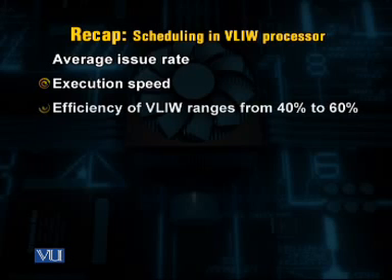However, the efficiency of a very long instruction word processor, measured in terms of the percentage of available slots containing an operation, ranges from 40% to 60%, which is in fact a slight underuse of the resources available.